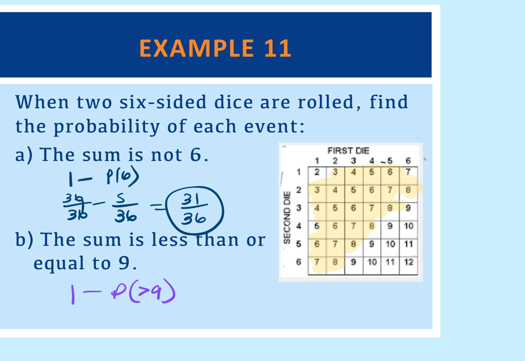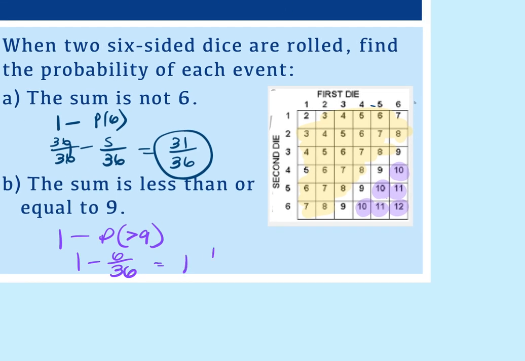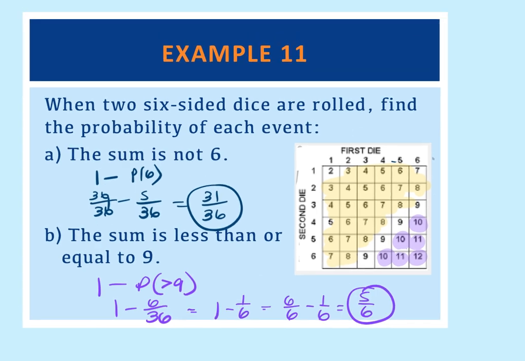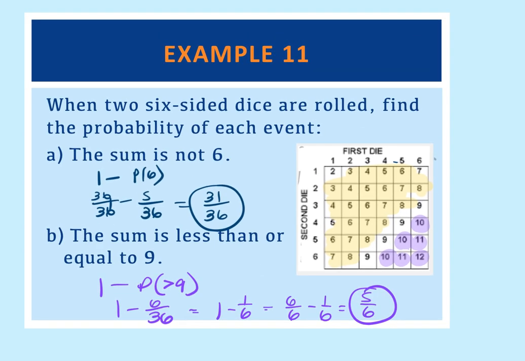If I do it this way, 1 minus the probability that it's greater than 9, I'm only looking at 10s, 11s, and 12s, which is 6. So 1 minus 6 out of 36, and that can be reduced. 1 minus 1/6, or 6/6 minus 1/6, which is 5/6. So you can count the long way, or you can use those complements to save you some time.